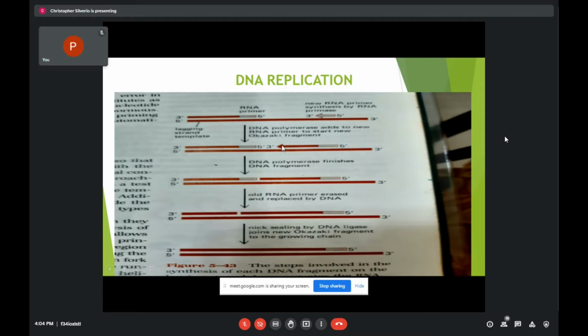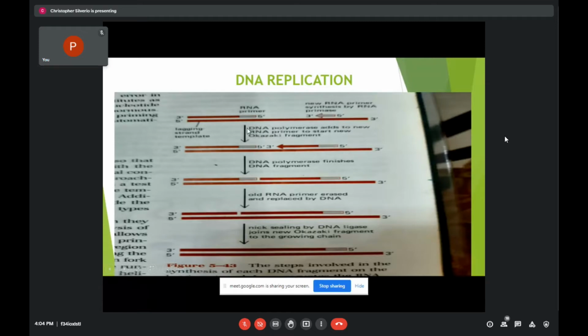Okay. And then after that, what will happen? The DNA polymerase will again synthesize. And what do you call this one? You call this now the Okazaki fragment. And then again, another primer will be synthesized.